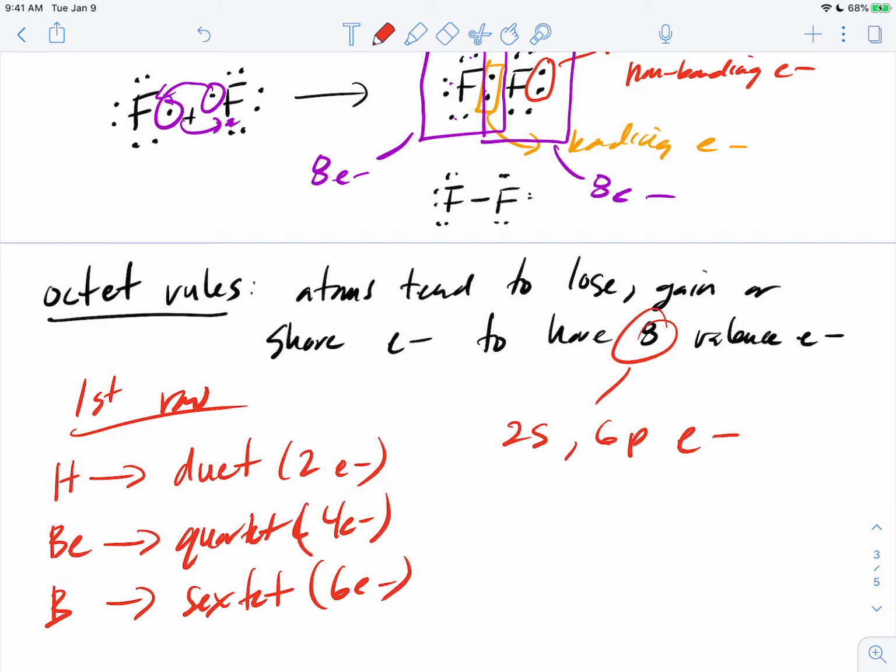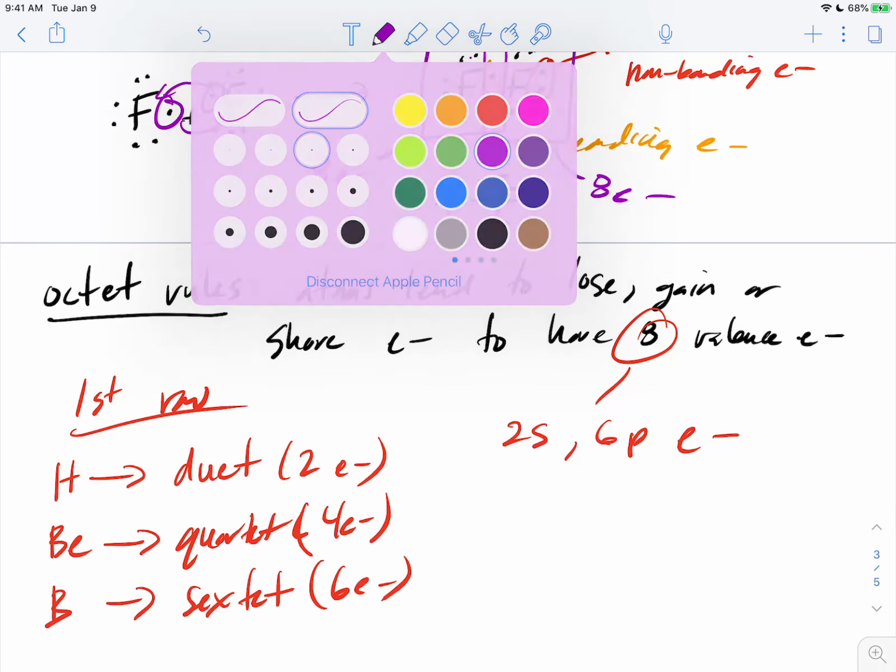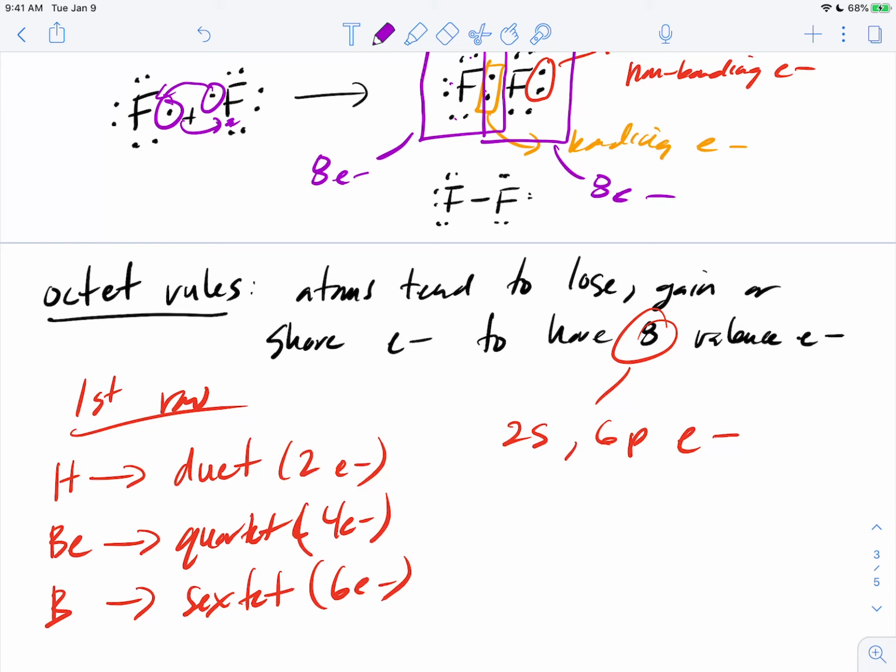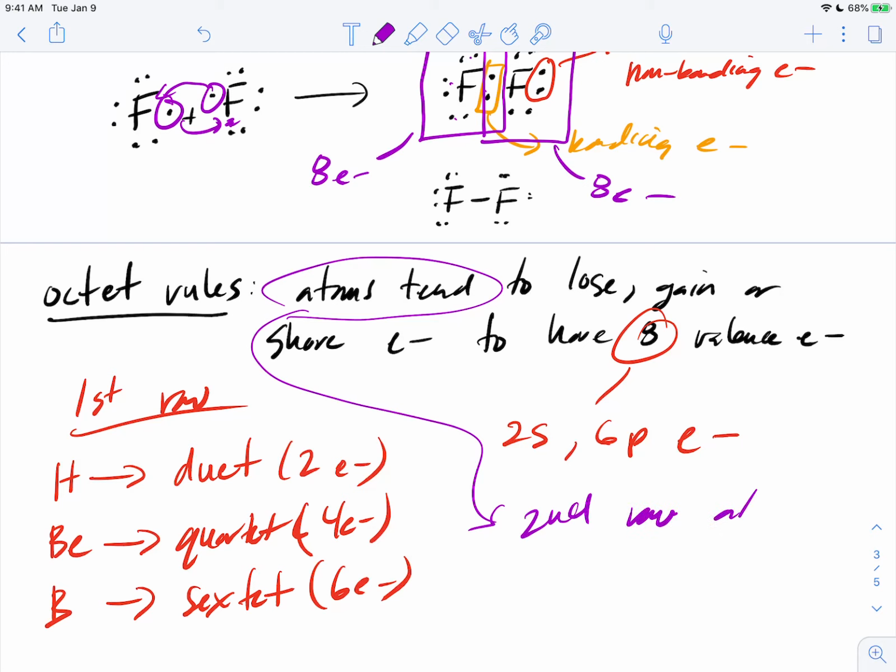So what we can say here is that the second row atoms always follow the octet rule. But we find that the atoms that are further down the periodic table are able to have exceptions to the octet rule.